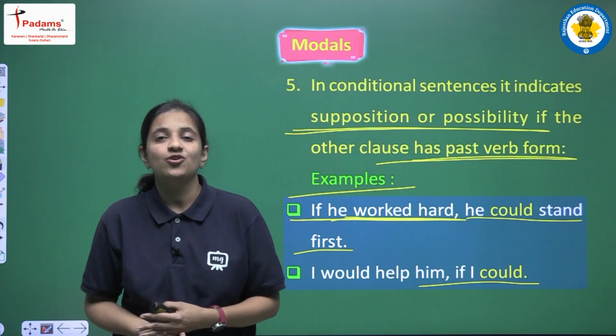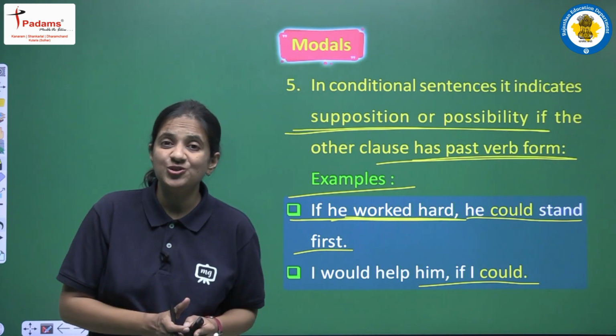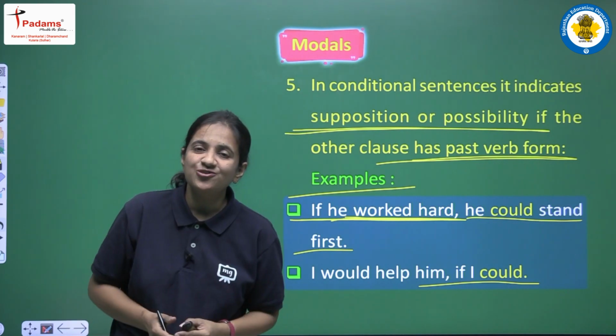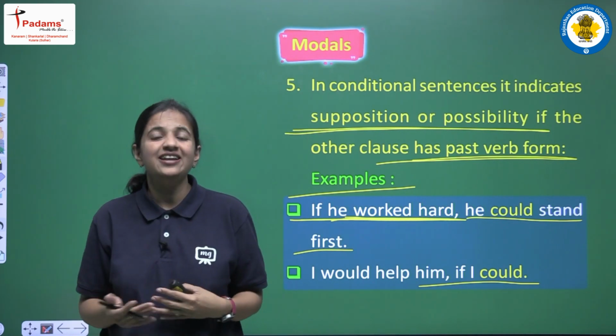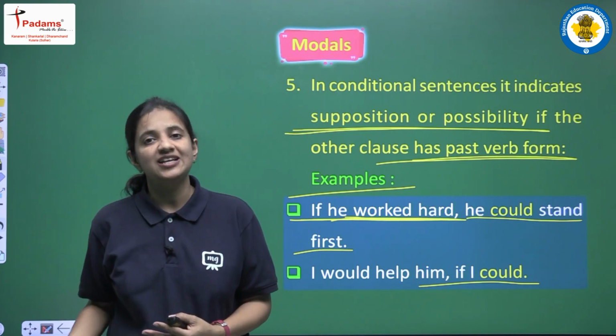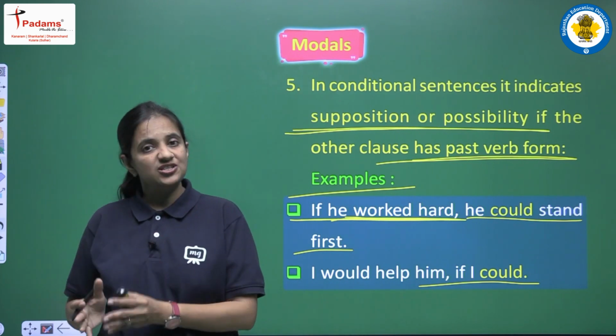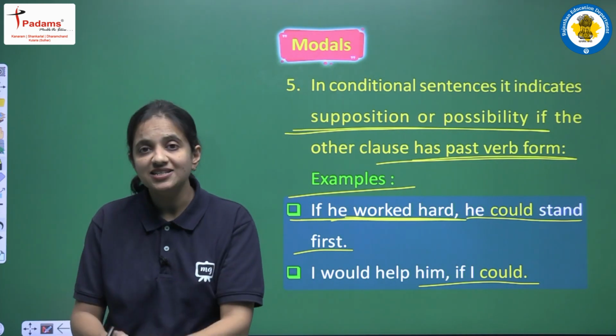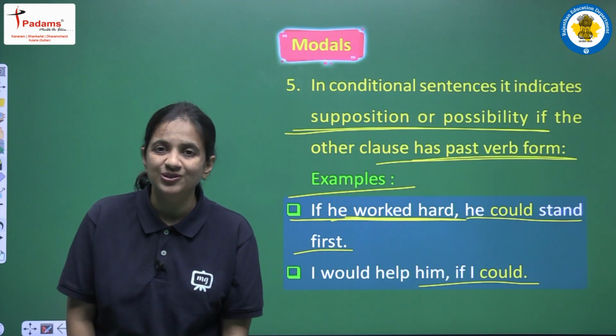It is also used for permission, but that permission should be in the past tense only. So read the sentence again and again to observe the tense, and then use the modals accordingly: if you have present tense you use can, if you have past tense you use could.